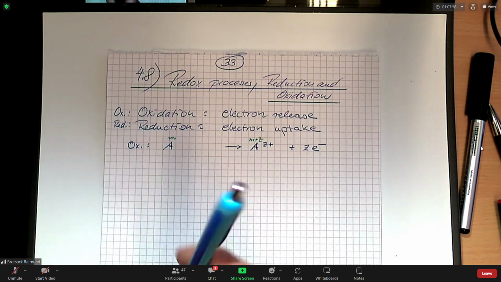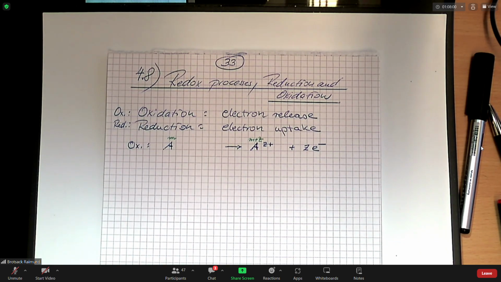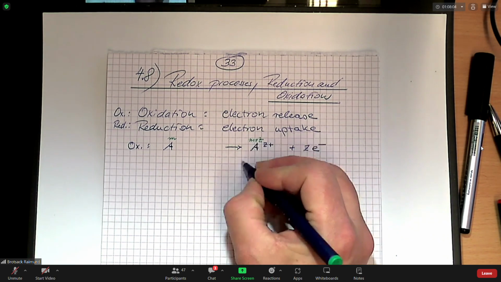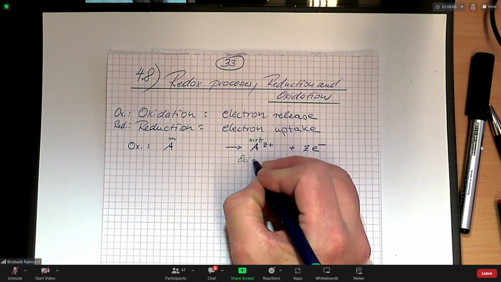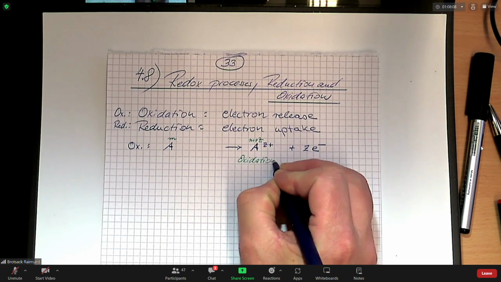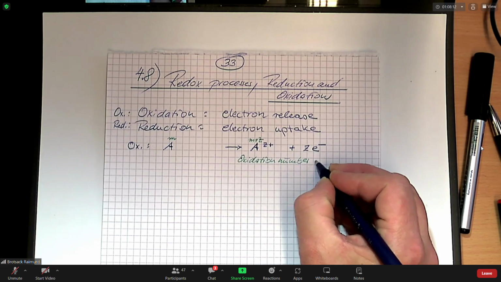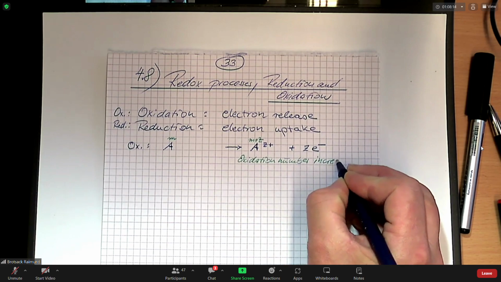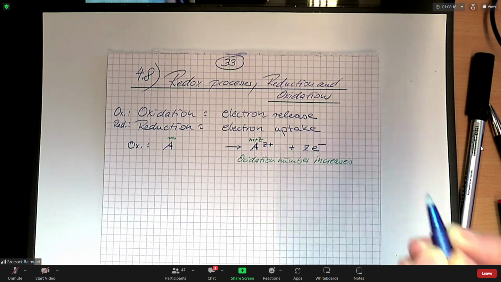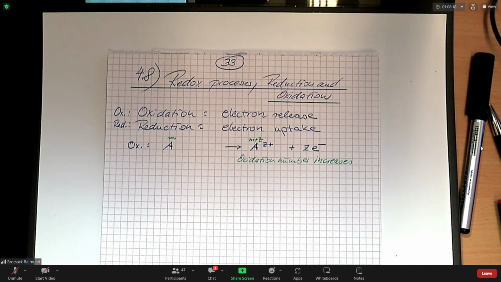When we look, the oxidation number is increasing. Oxidation number increases.